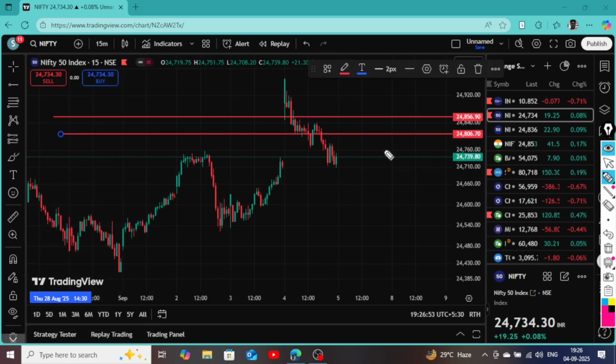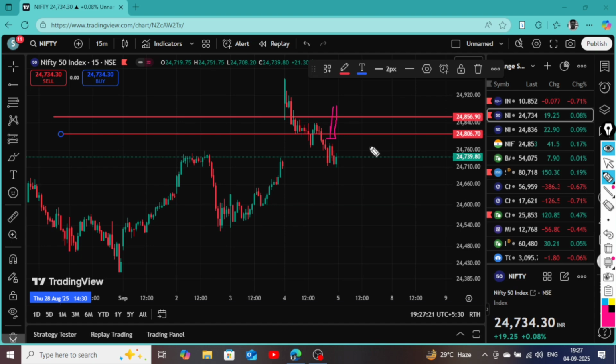So if Nifty gaps up to this area or opens flat and then a candle moves like this and closes below 24,800, we can look for a short trade.